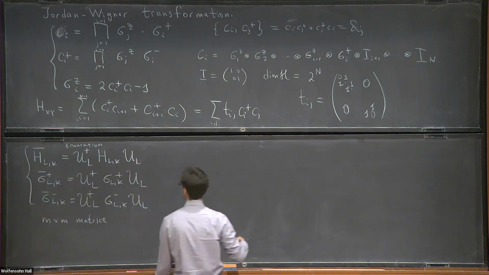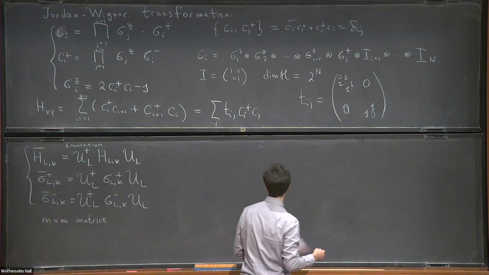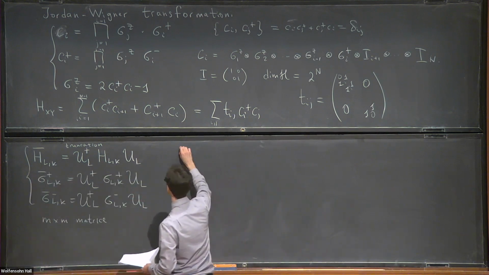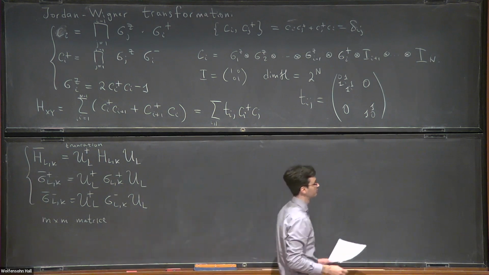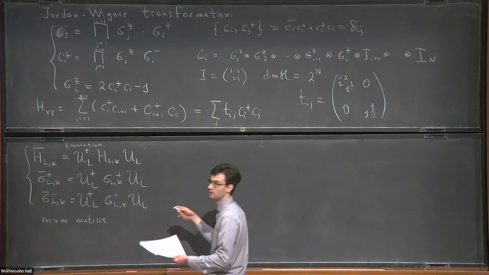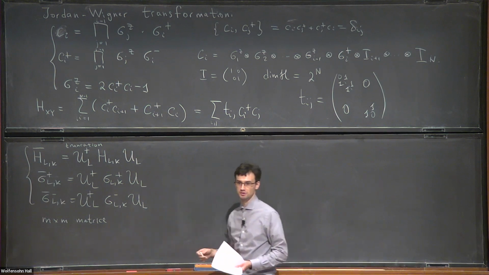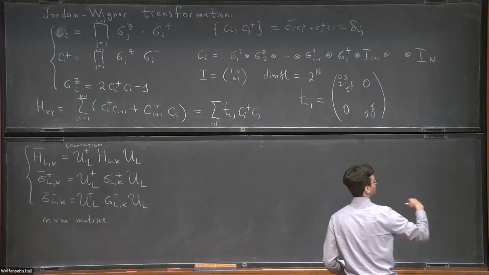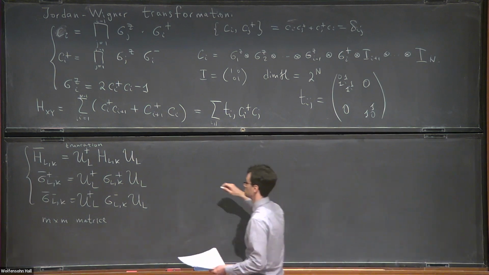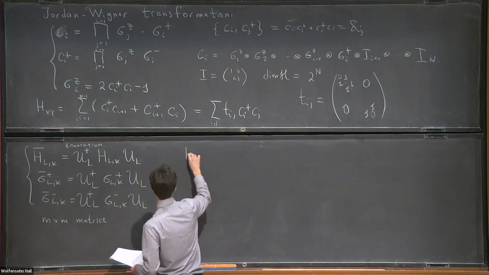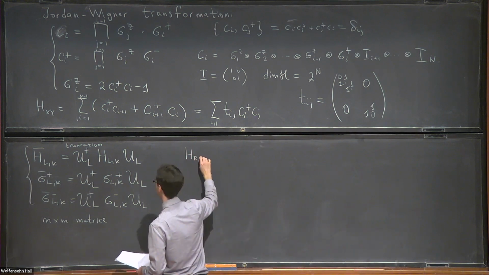We keep m fixed, so it's much smaller than 2 to the k. And I can do the same for my environment. So I can build a right-hand side density matrix. It's going to have the same probabilities if it has the same system, right? But the eigenvectors are going to be different.